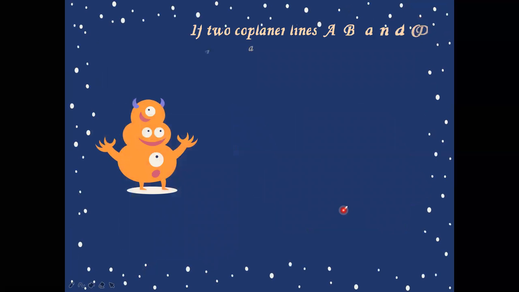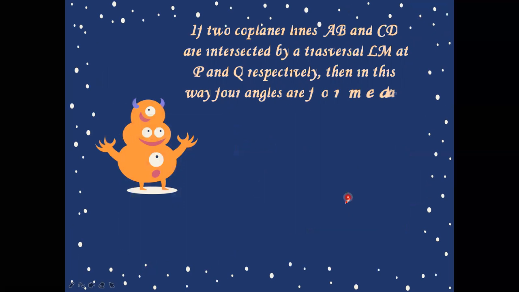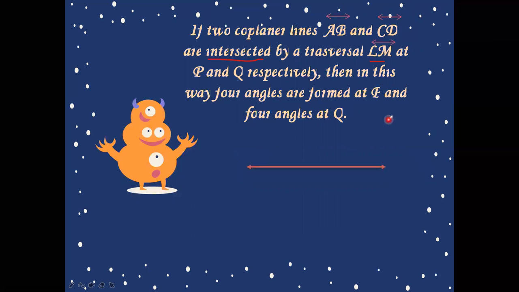Now look here, what do these postulates tell you? Number one, if you have any two coplanar lines, that is AB and CD, how many coplanar lines? AB and CD are intersected by a transversal, LM. First of all, this is your first line, AB, and this is your second line, CD.